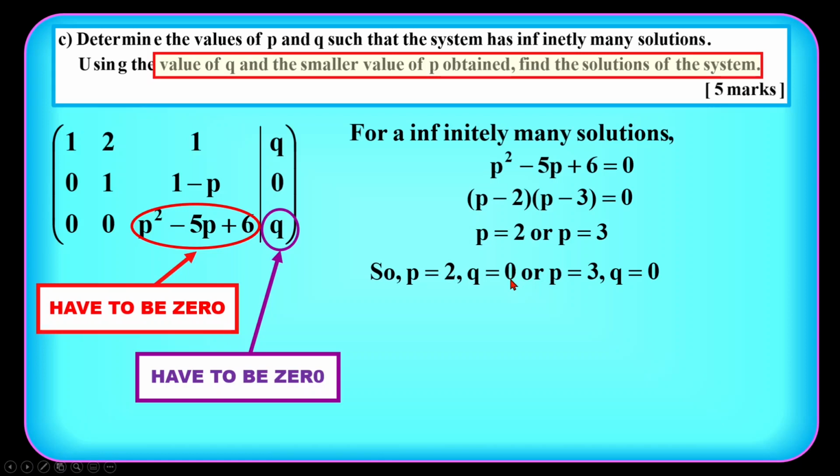Of course, the Q is always 0 for the case of infinitely many solutions, but for P we have 2 and 3, and we have to choose the smaller value of P. So I'm going to choose this one: P equals 2 and Q equals 0, because they wanted the smaller value of P. So that will be 2. Okay, so let's continue.